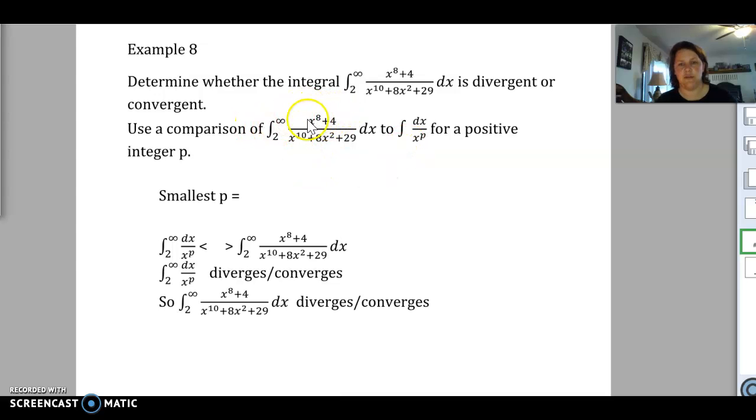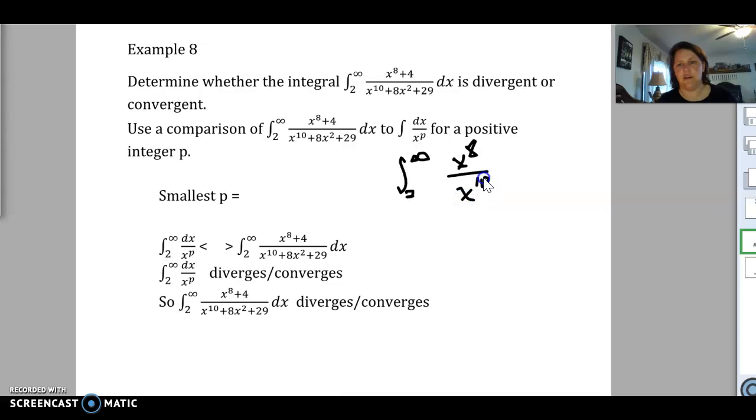For the equation x to the 8 plus 4 over x to the 10th, a simpler version is the integral from 2 to infinity of x to the 8th, because if we're going on to infinity, this little 4 at the end isn't going to do very much for us.